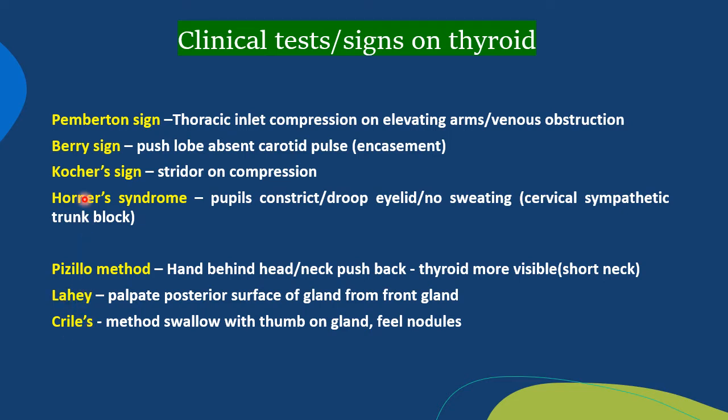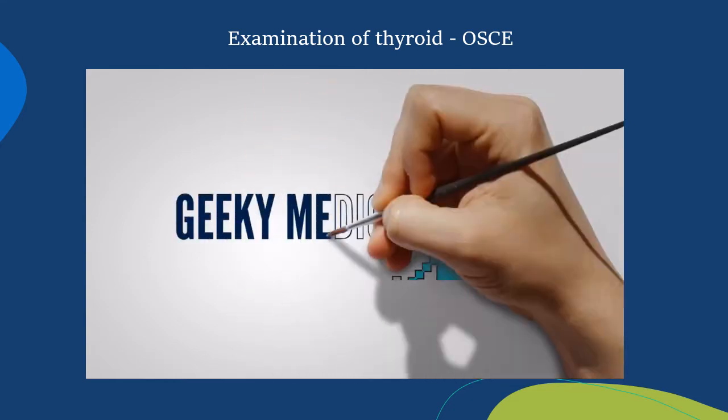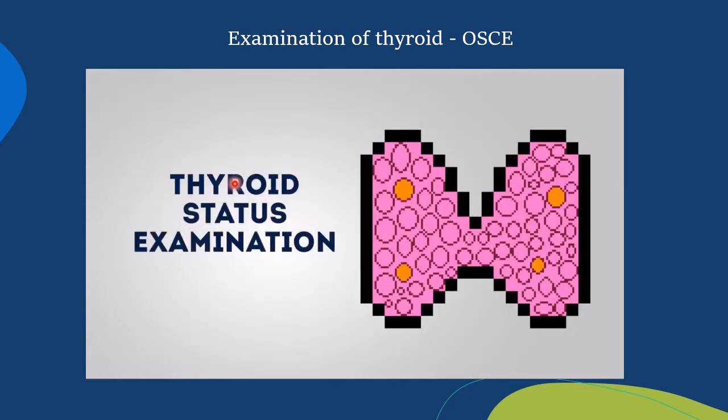Okay, so these are all various special tests that can be done on a patient with an enlarged thyroid. Now I'll go on to show you a short video on the OSCE examination of the thyroid.